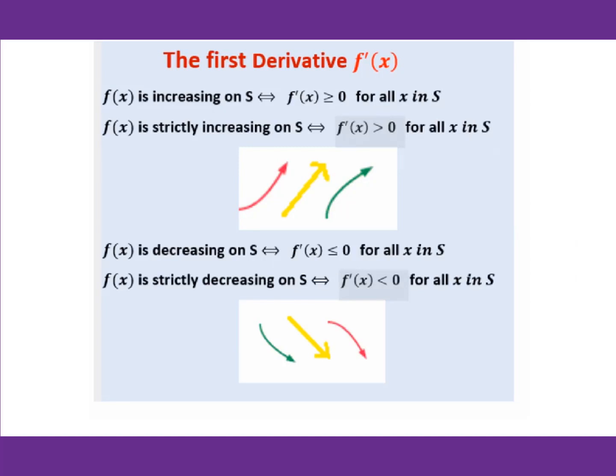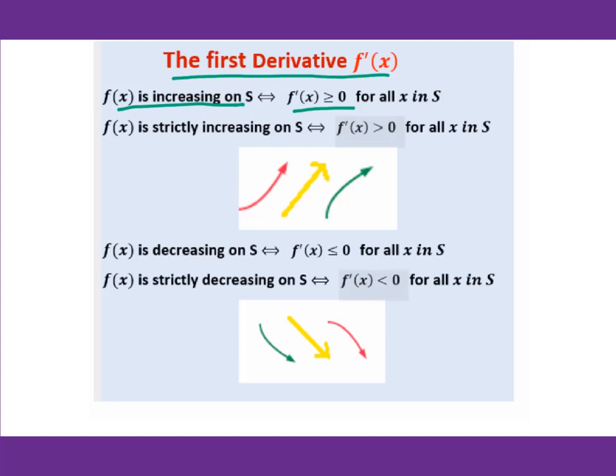Let's talk about the first derivative of f of x and its graph. f of x is increasing on a graph like this. Then we can draw a conclusion that the derivative of f of x will be positive, or greater than or equal to 0.